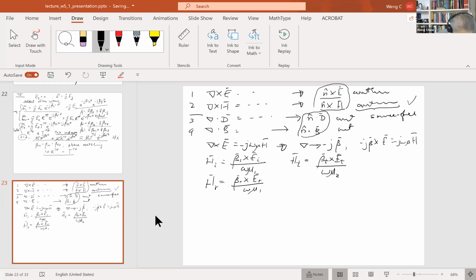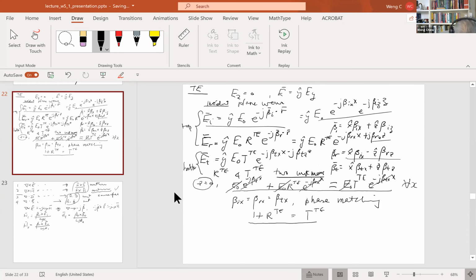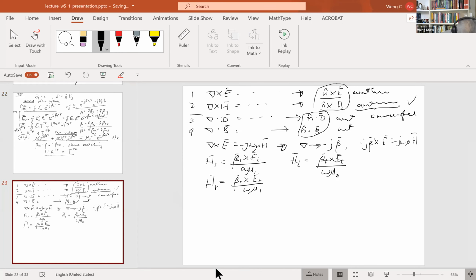Okay, and then you can go through the exercise. Then what you find is that if you take the electric field and apply this operation, the magnetic field equivalent to the first term will be something like this: beta Iz over omega mu1 E naught e to the minus j beta Ix x, and that is the magnetic field equivalent to that term.